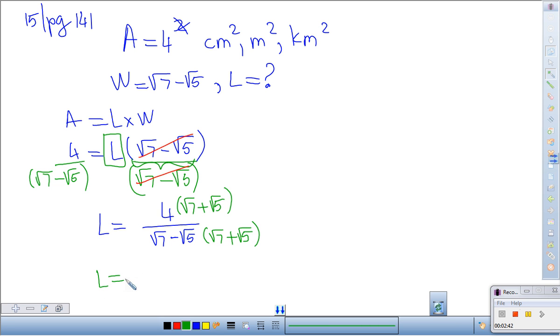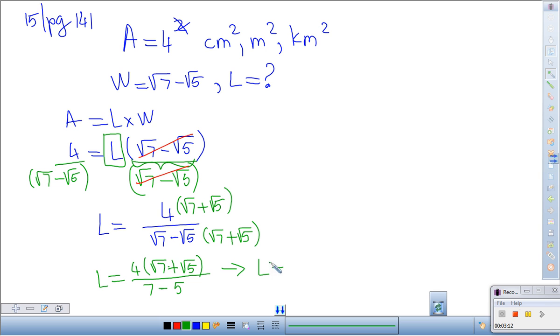In this case, the length will be 4 times radical 7 plus radical 5 over, it is a difference of squares pattern, so radical 7 times radical 7 is 7, minus radical 5 times radical 5 is 5. And this way we rationalize the fraction and remove the radicals from the denominator.